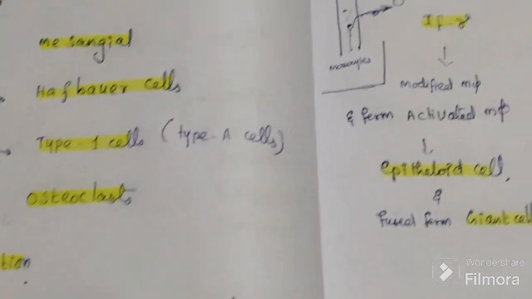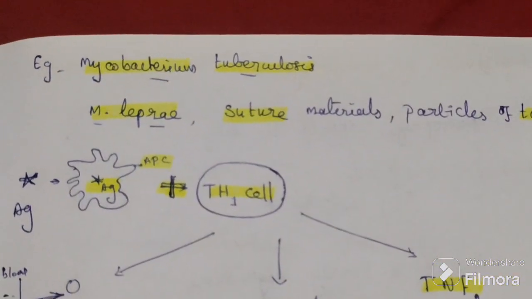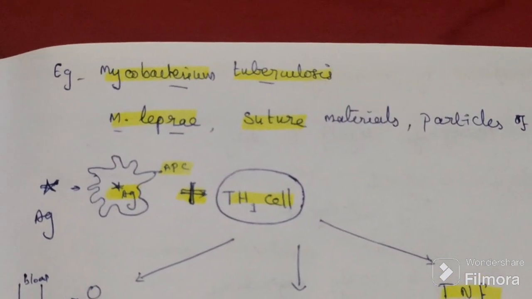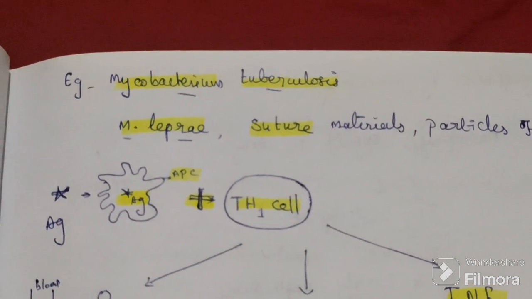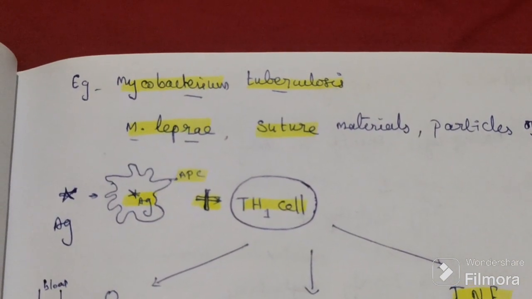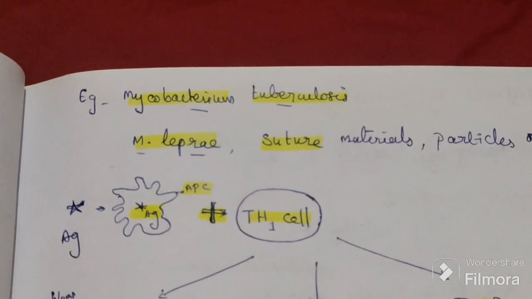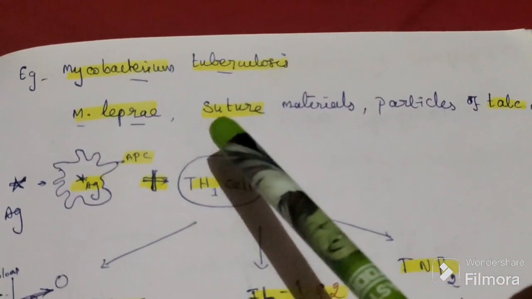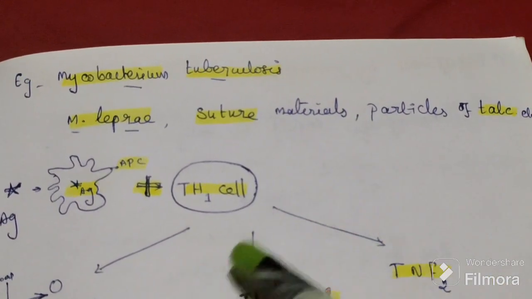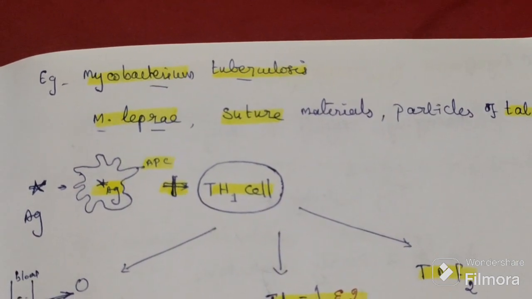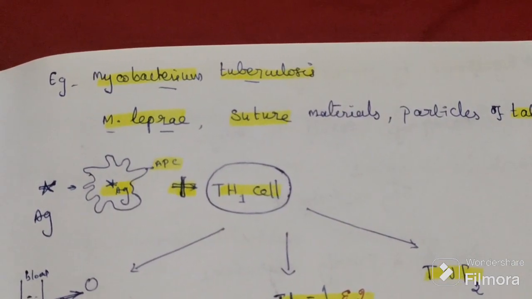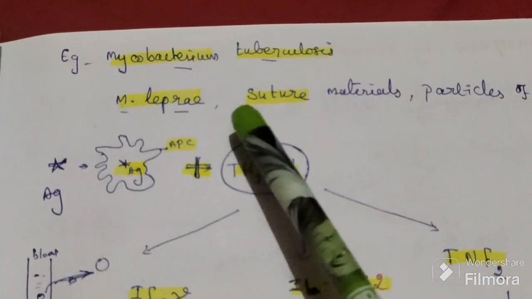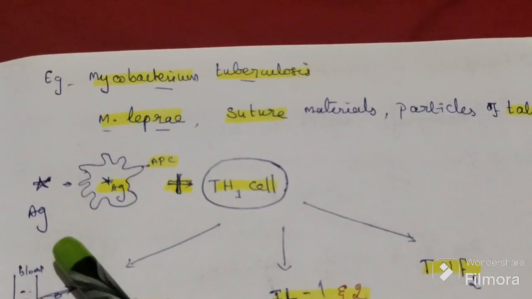For example, Mycobacterium tuberculosis, which is a bacterium, Mycobacterium leprae, also a bacterium, some suture materials, or particles of talcum powder. These are all non-degradable antigens. It may be a bacterium or suture material or talcum powder.